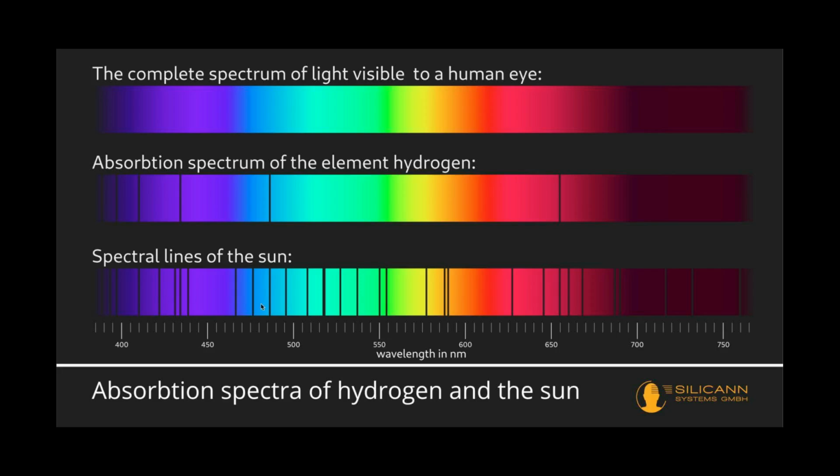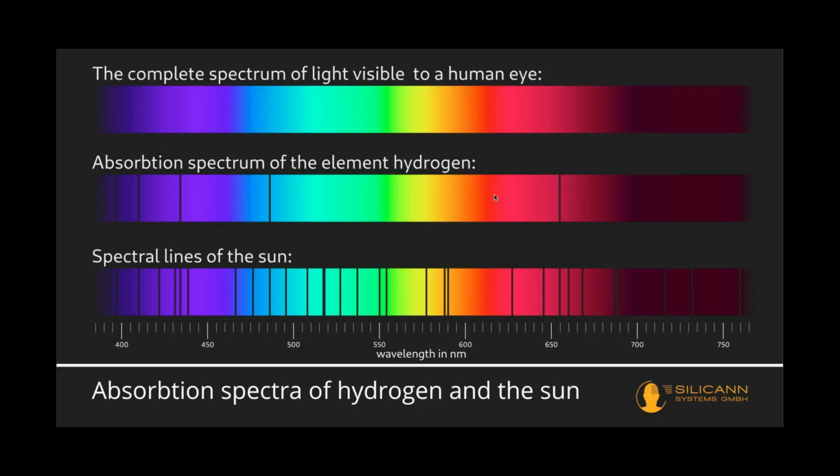Now, there are more lines because the sun has a little bit of helium, and technically the sun also has some carbon and nitrogen and oxygen. Very small traces, but nevertheless. So we can see the spectral lines of the sun are more than the absorption spectrum of hydrogen.